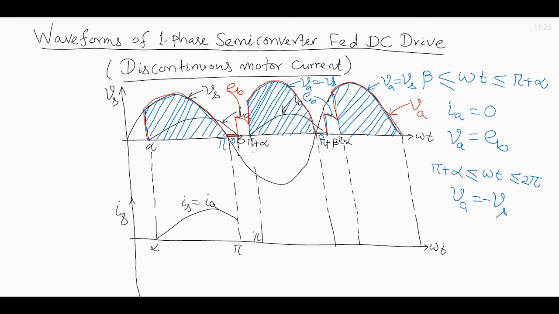And again from pi plus alpha to 2 pi, the negative group thyristors are conducting. So, supply current is minus of I A. So, these are the waveforms for discontinuous conduction operation of single phase semi converter.